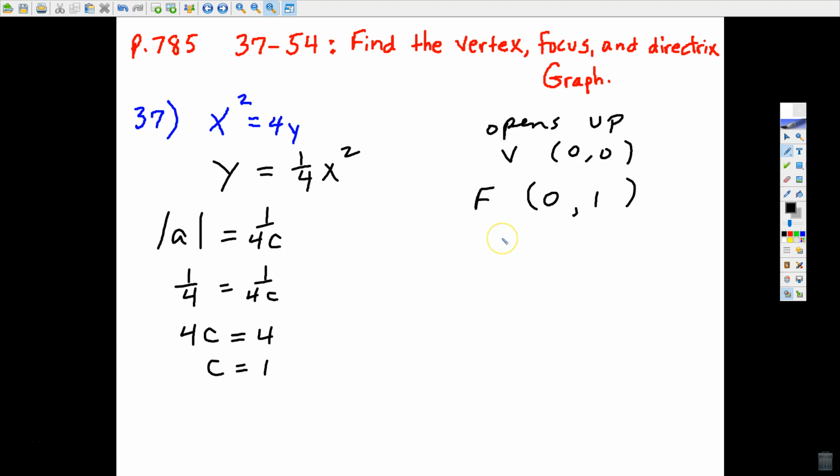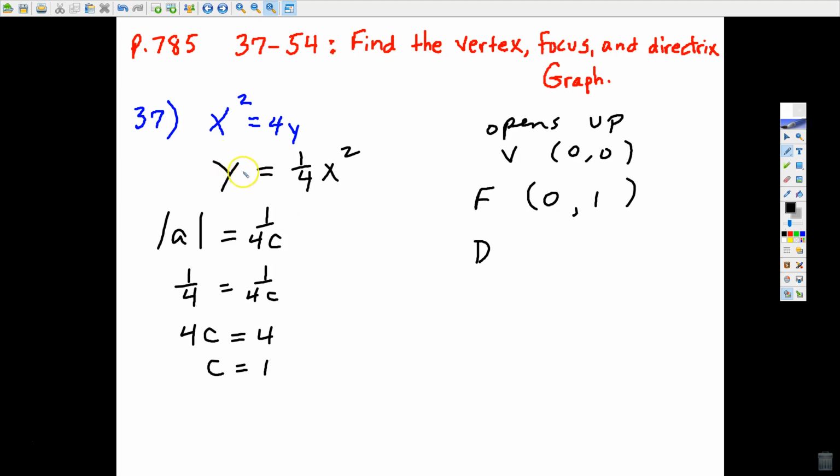And the directrix is still c units away, but it's in the other direction. So if I had to go up 1 from the vertex to get to the focus, I've got to go down 1 from the vertex to get to the directrix. And remember, the directrix is a line. And here's another tip for you.